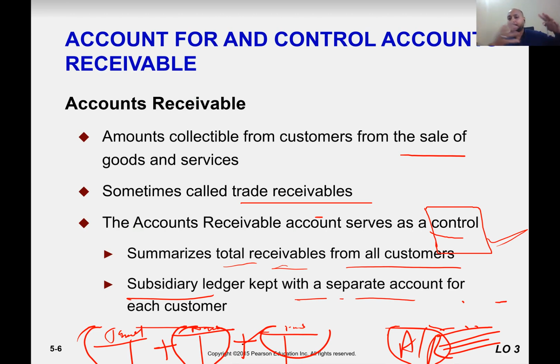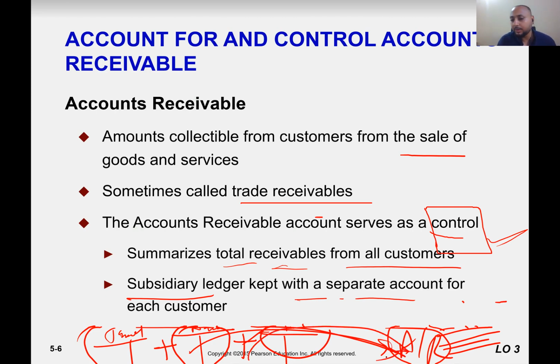Or if you have a manual setting, you have a big register and some small registers. This is Mr. Jamal, this is Miss Nam, this is Pinyo, this is Dayon, this is Harry, right? You can open that, but the final figure of Mr. Jamal will go to accounts receivable. Final figure of Miss Nam will go to accounts receivable.